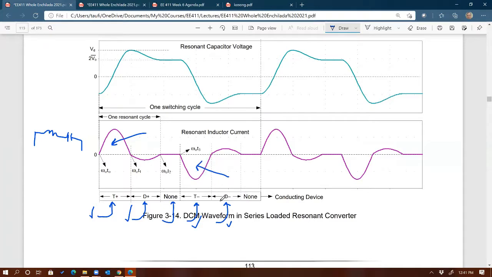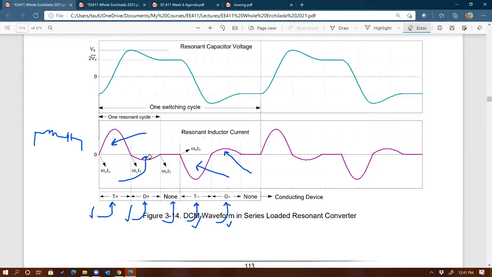And then the negative of the first resonant cycle is symmetrical to the second half of the second resonant cycle, right? So that's true because of the symmetry of the plus minus VD over 2 and plus minus V out.